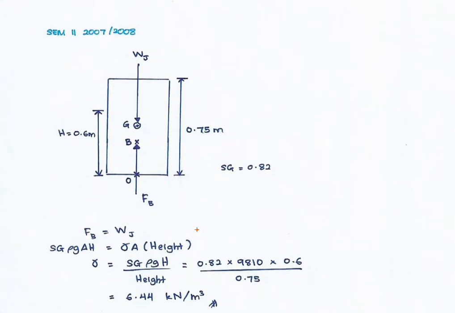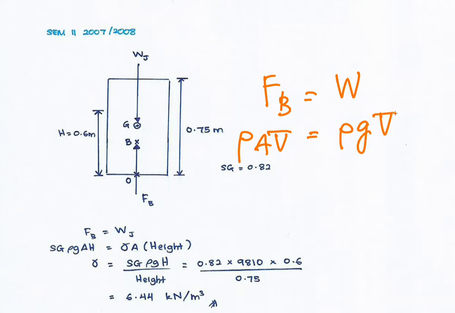First, we calculate the force equilibrium. We know that the force of buoyancy is equal to the weight. We could calculate the force of buoyancy using rho g times volume, and it is equal to the weight, which is rho g and also volume.